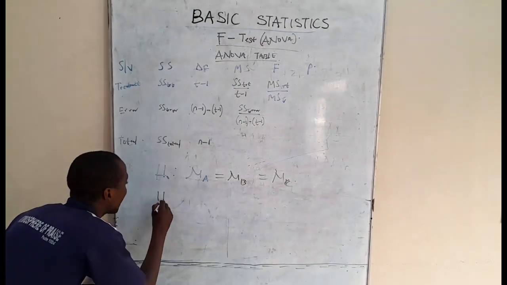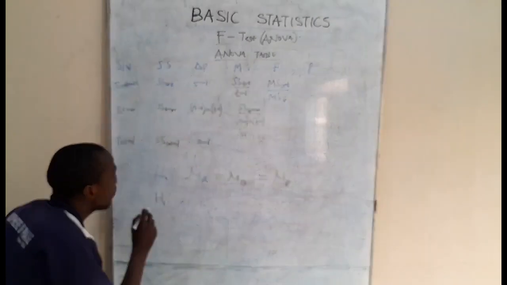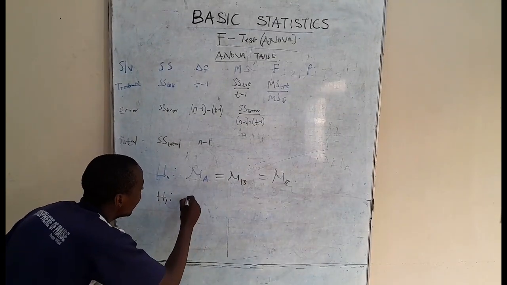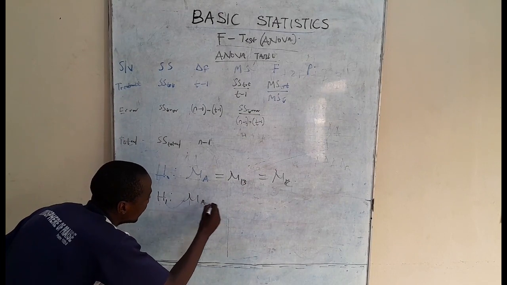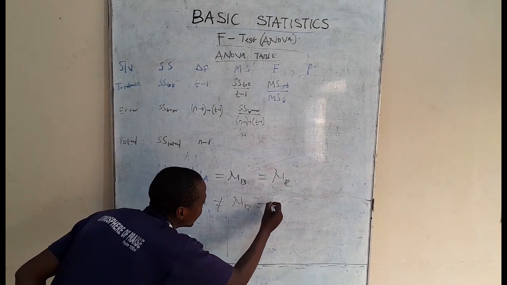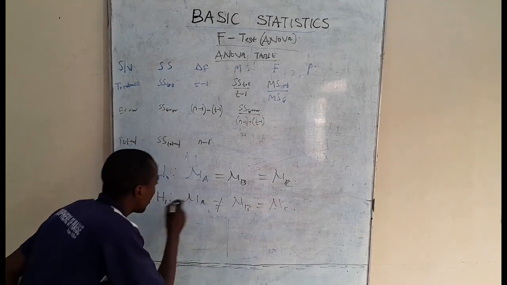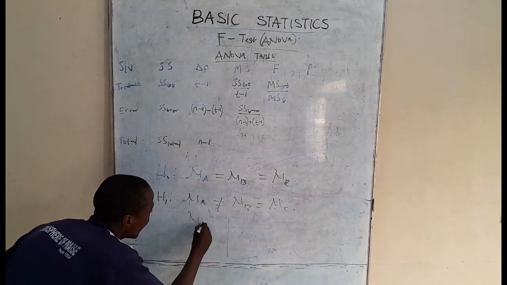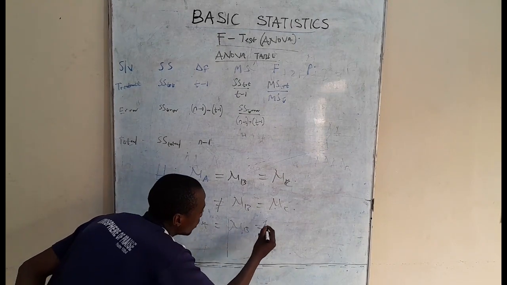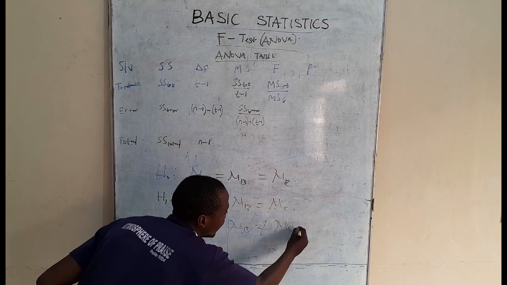The alternative hypothesis, which is H1, is that it is not equal for at least one. That means either mu A is not equal to mu B, or mu C. We can also write it like this: mu A is equal to mu B, but it is not equal to mu C.